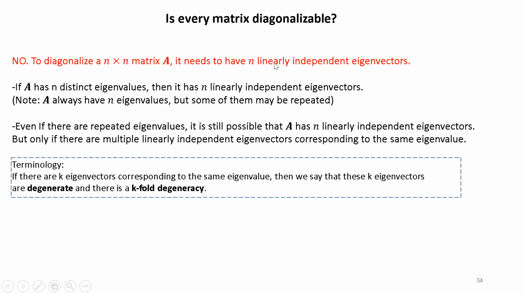If you find that the n eigenvalues you have are all distinct, all different, then you don't need to worry. It's guaranteed that the n eigenvectors you find will be linearly independent.